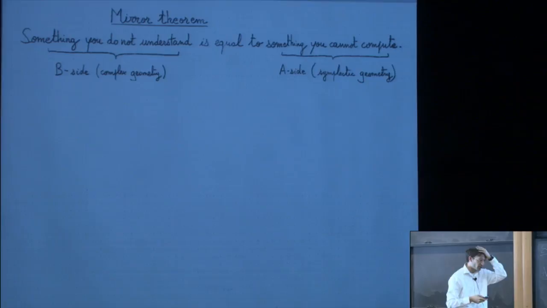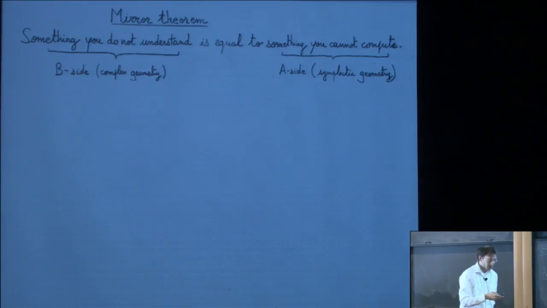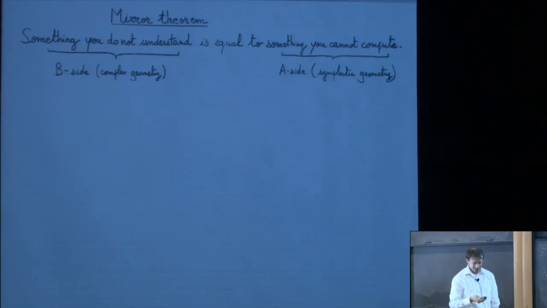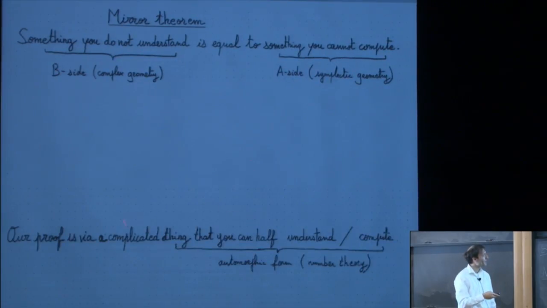Maybe as an outsider, I try to understand mirror symmetry. There is a B side and an A side. Maybe the A side you cannot compute, and the B side is complex geometry. It's difficult to understand complex geometry. It's mysterious, but still the two are related. With the addition here, I add automorphic forms to the mix.